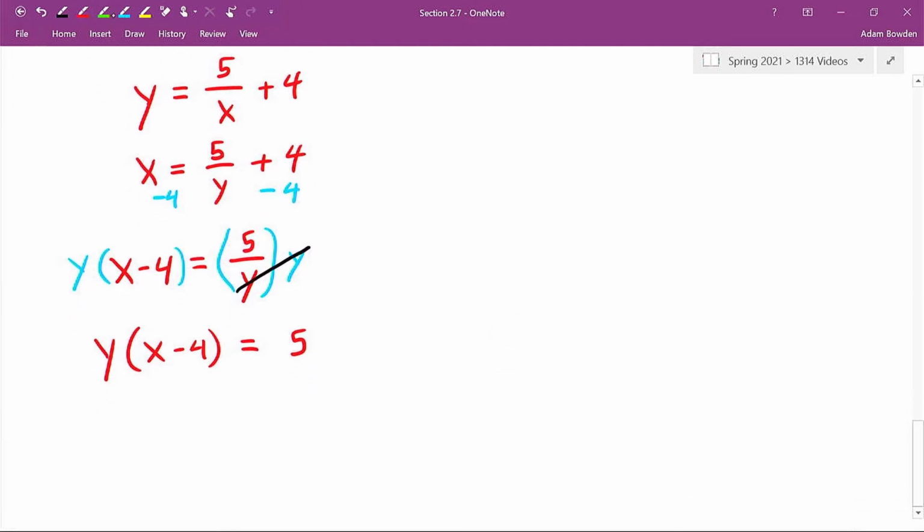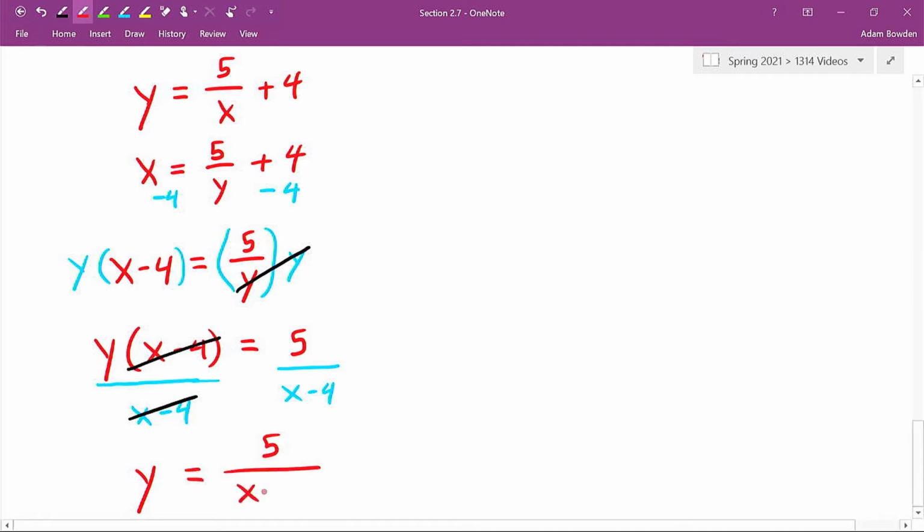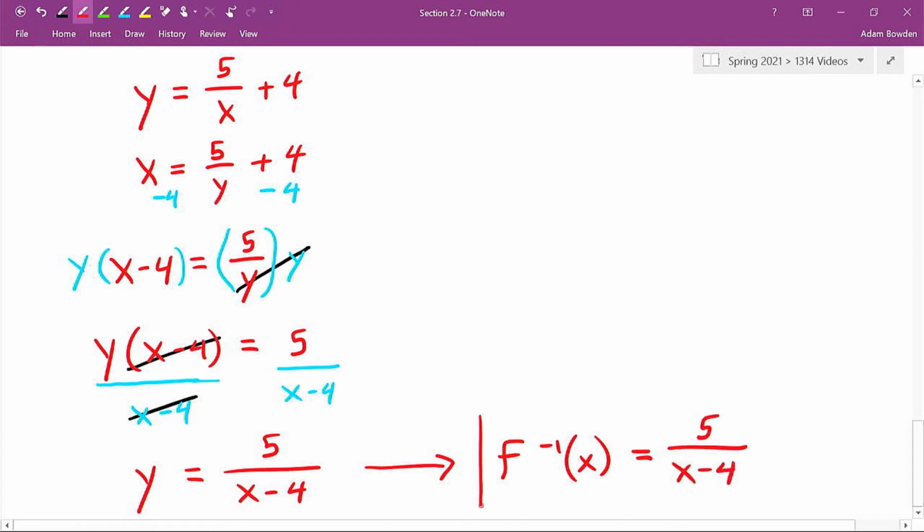Now, in order to solve for y, I'd like to divide both sides by x minus 4. That'll leave just the y, and that'll be equal to 5 over x minus 4. So that'll be our inverse function here. F inverse of x equals 5 over x minus 4.